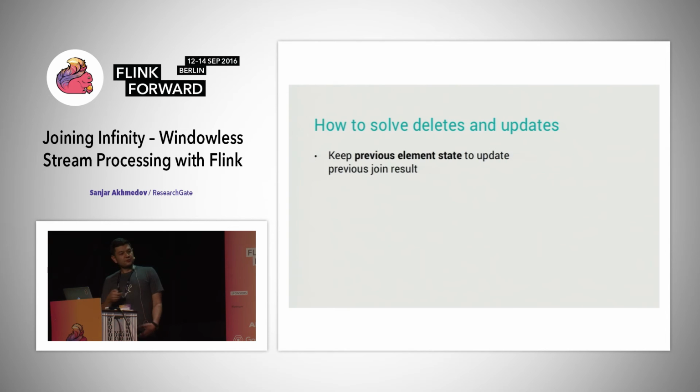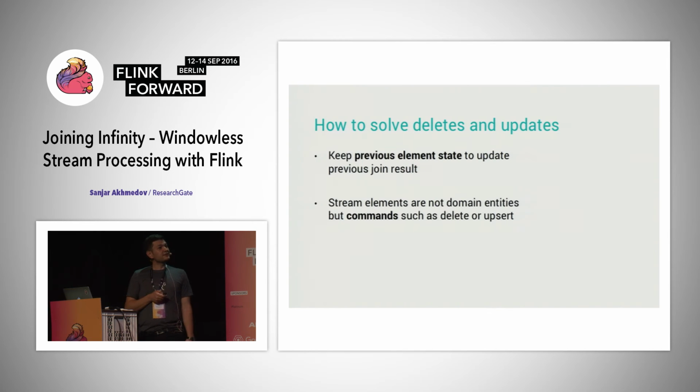To delete a previous value, we have to know the previous value. Another thing to realize is that stream elements are not business domain entities anymore. We are dealing with commands like please upsert this, please fix the state like this, please delete this value. So it's kind of a mini programming language inside the data elements.